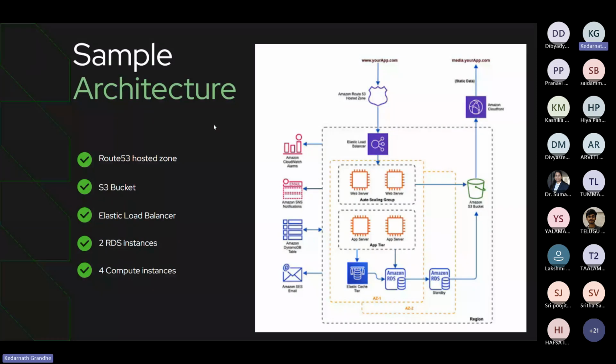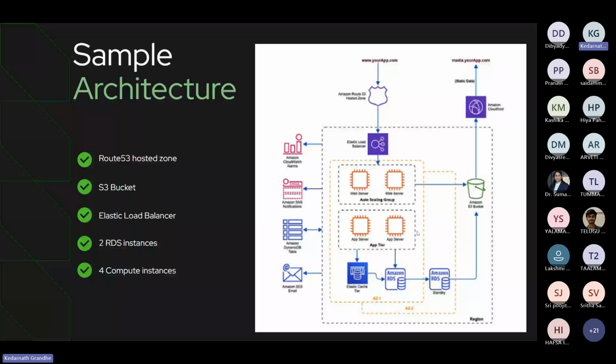Let's look at this sample architecture. This is a simple application that's running in AWS. This is a sample architecture that's designed for this application. We have an app server and a web server. The web server is running in an ASG group, and this is the app tier.